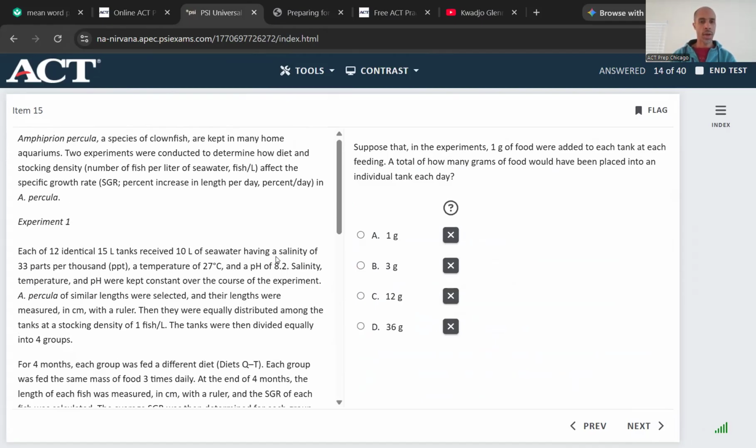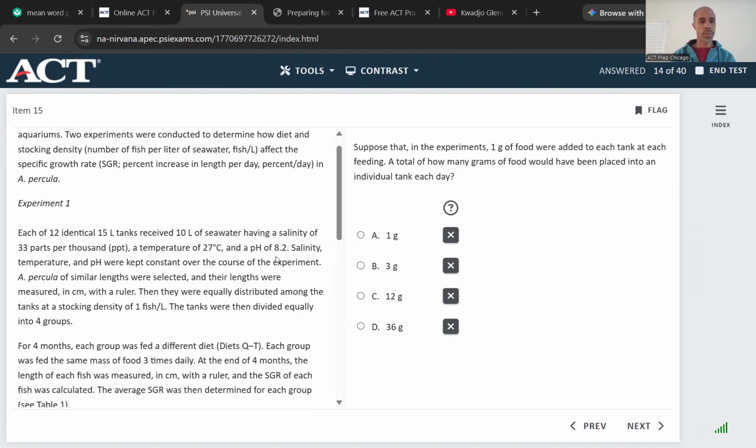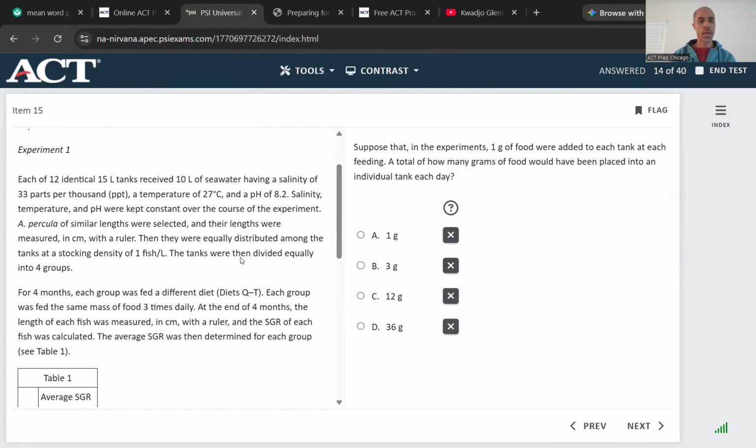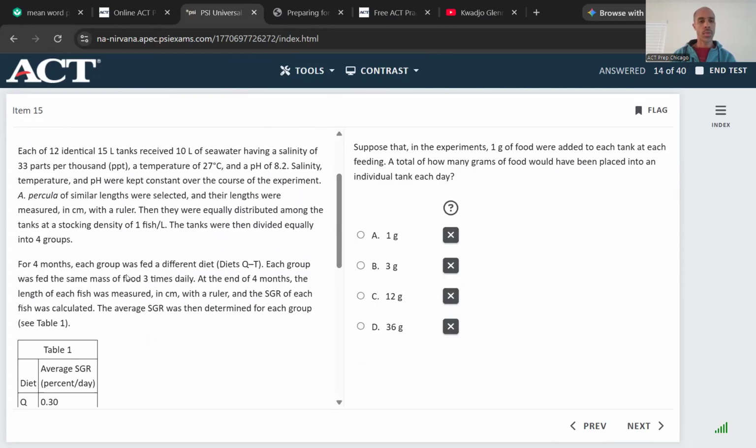So that's what you have to figure out, how many times they were fed in the experiments. So you have to read for this one, right? You're looking for how much they were fed. They fed a different diet. Each group was fed for 4 months.